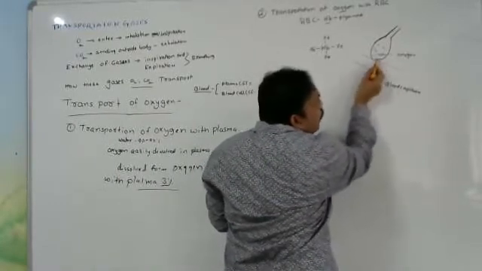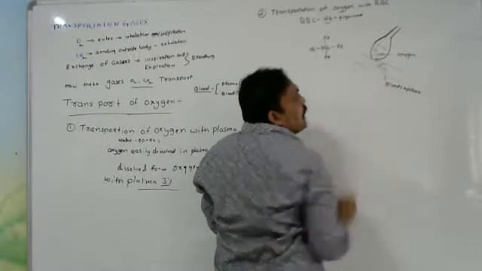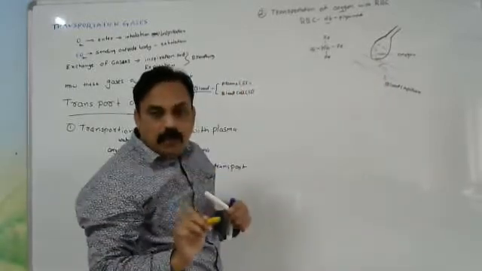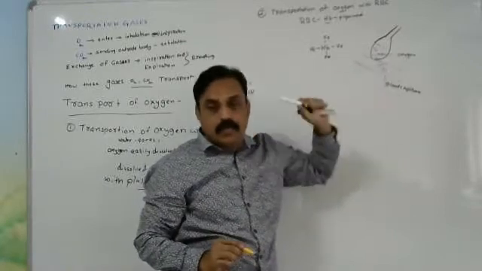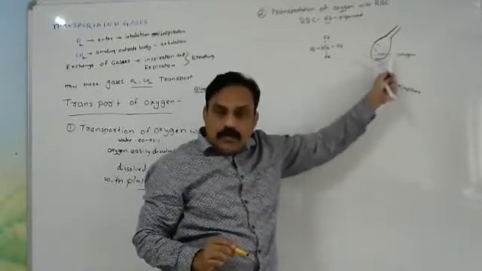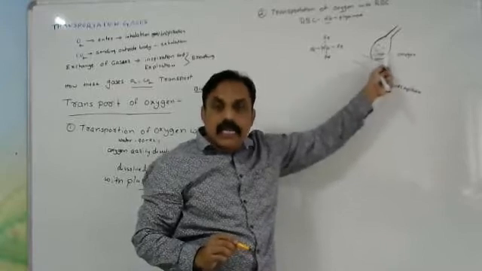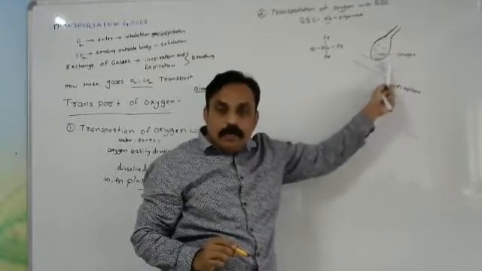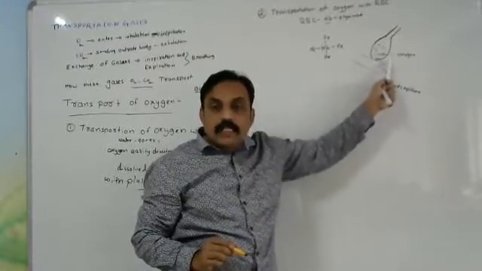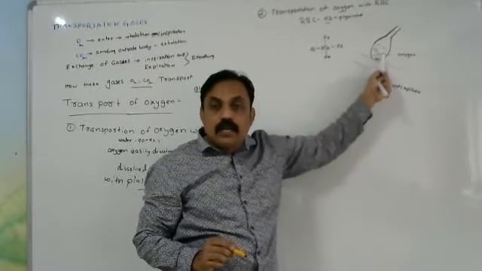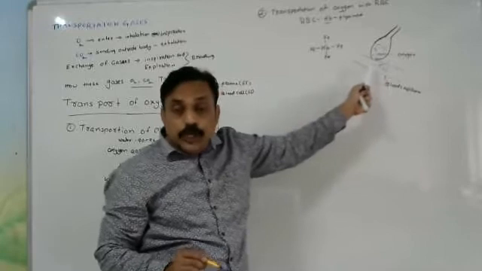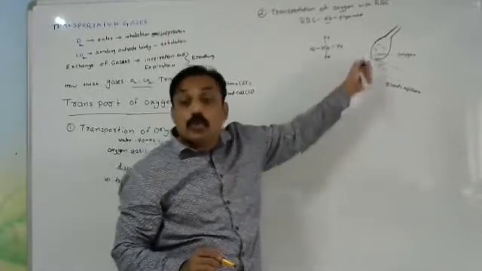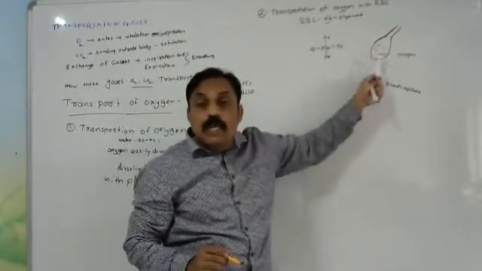Whatever oxygen molecules enter into the blood, in the red blood cells, the hemoglobin pigment is there. These oxygen molecules are combined with hemoglobin, saturated with hemoglobin, associated with hemoglobin.